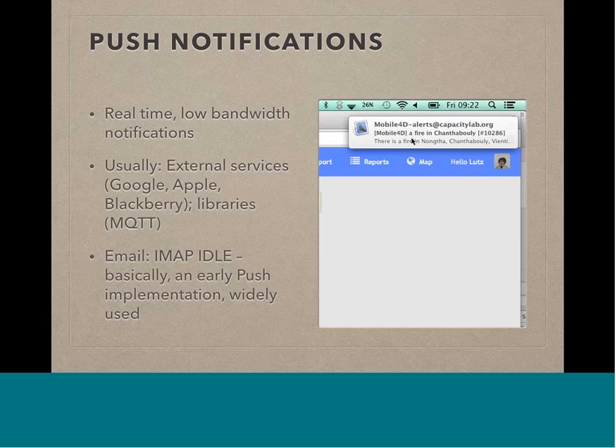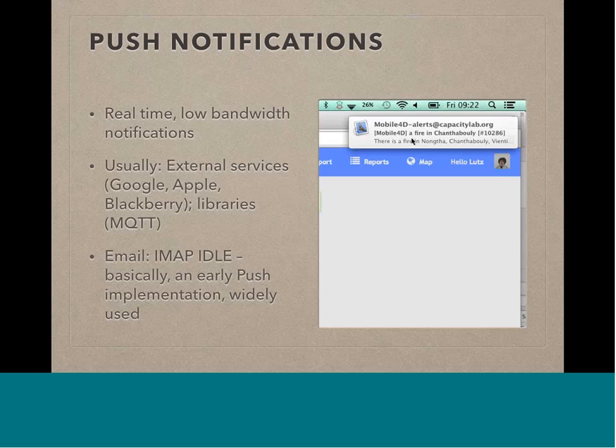So you don't need to pull, so you don't need to ask, is there something new? If something is new on the other side, then you will be notified by this side, right? The website content is changed and the website tells you by push, hey, I changed. And this happens extremely fast. And the good thing about push is that it does not require a large bandwidth.